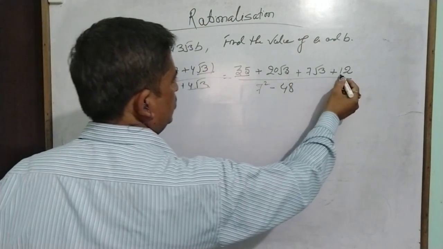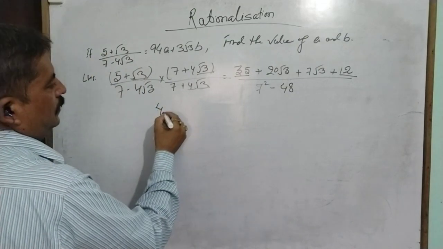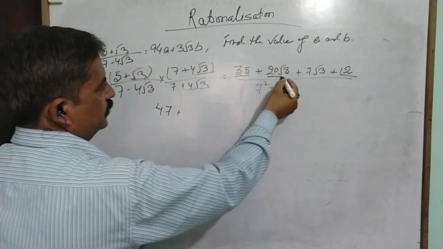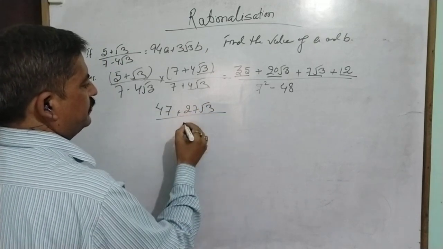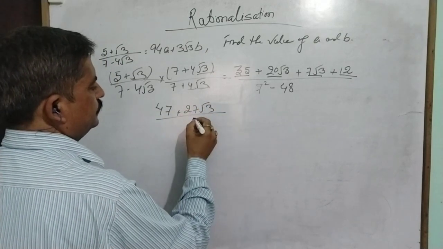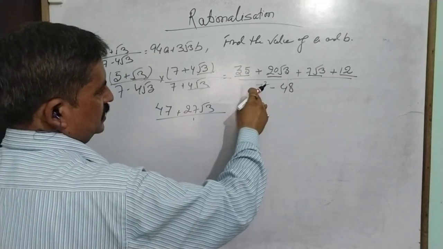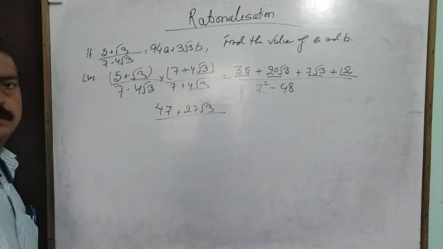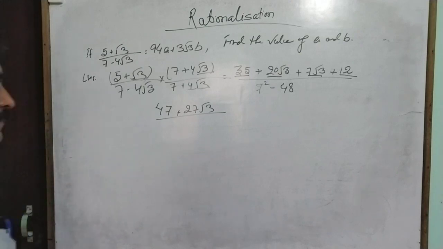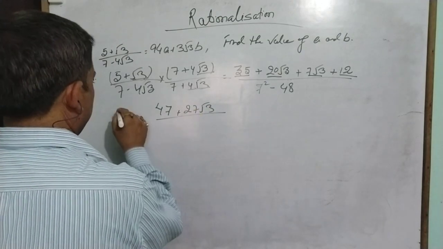So 35 plus 12 is 47, plus 20 root 3 plus 7 root 3 equals 27 root 3, divided by 1, because 7 square is 49 minus 48 is 1. So that's the LHS part.